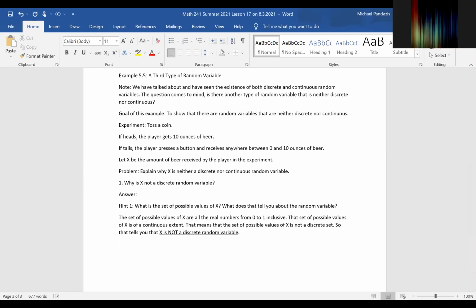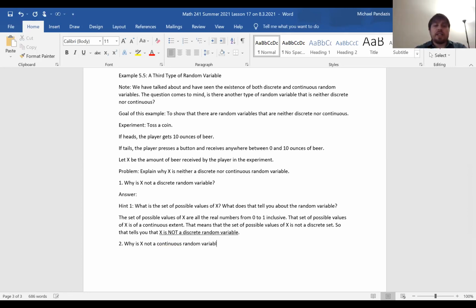Okay, 2, I'm asking the question, why is capital X not a continuous random variable? The goal is to conclude from this example that there exist random variables that are neither discrete nor continuous. So this is an experiment with a random variable that we're showing is not discrete and not continuous.